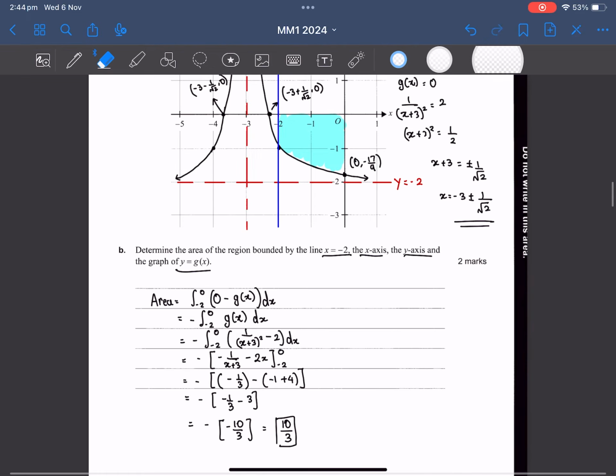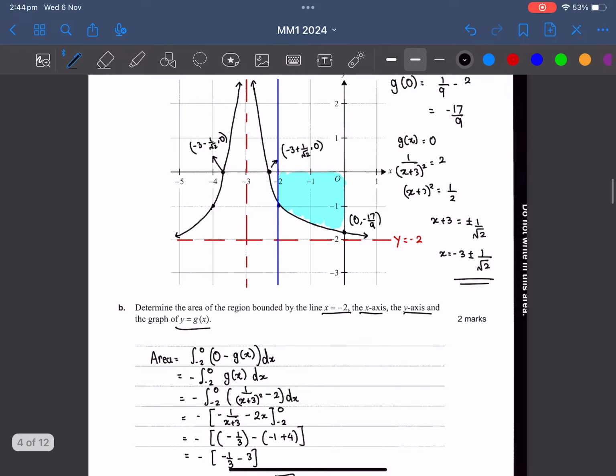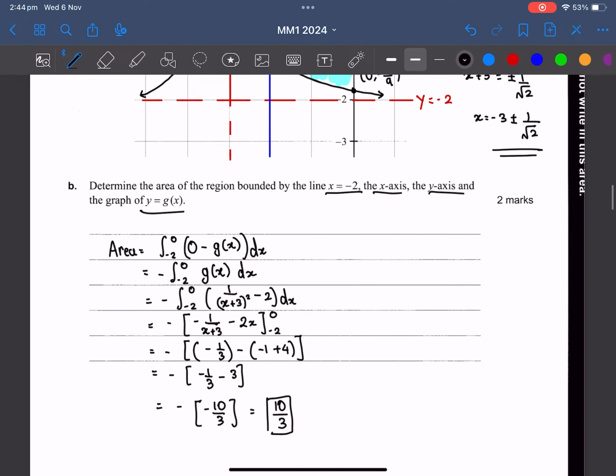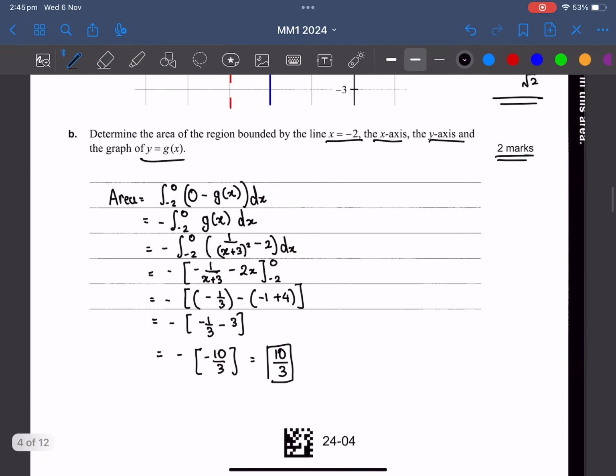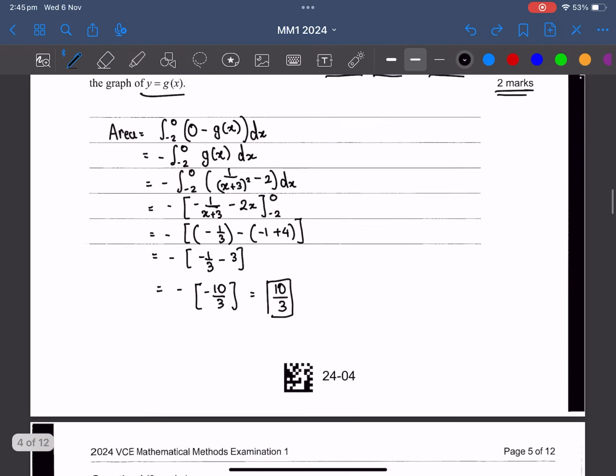Okay, so this is the answer for this question over here. Okay, marking schemes. This is 2 marks, so 1 for the correct working out, and 1 for the correct answer. Okay, so let's move on to the next question.